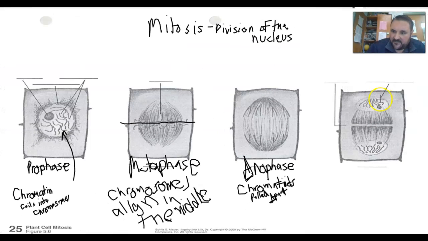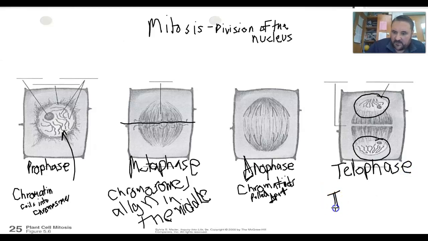And in the last phase, you start to see two nuclei form. This phase is called telophase. During telophase, we have T for 2, nuclei, which means 2 nuclei.